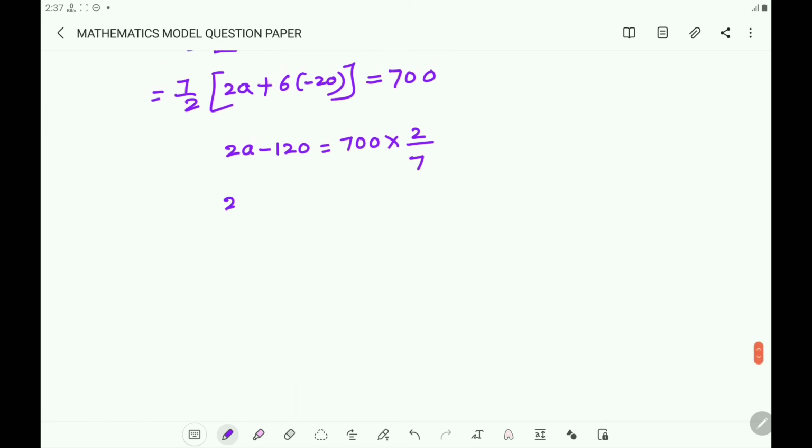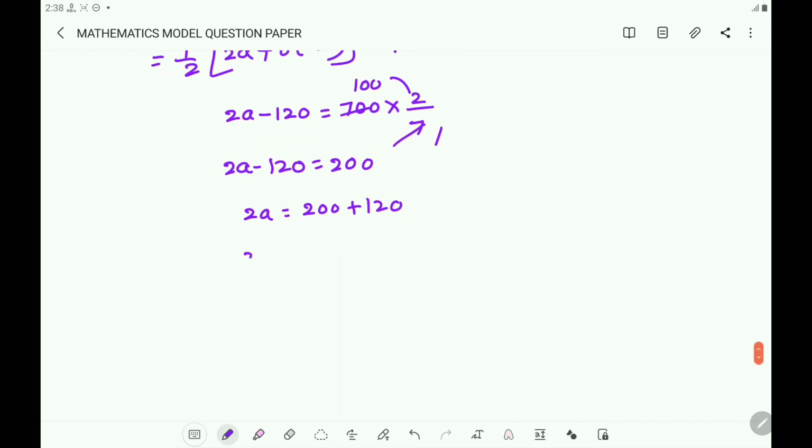So 2a minus 120 equals 7 1s are 7, 700 divided by 7 is 100, 2 100s are 200. Then it is 2a equals 200 plus 120. So 2a equals 320.